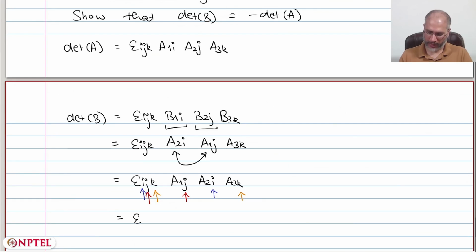So I'll replace the second index of the first A with i. So this red one becomes the second index of epsilon. And then for the second A, I will have a j. So the blue one is a j. And the third index remains as it is. So there's no change here.